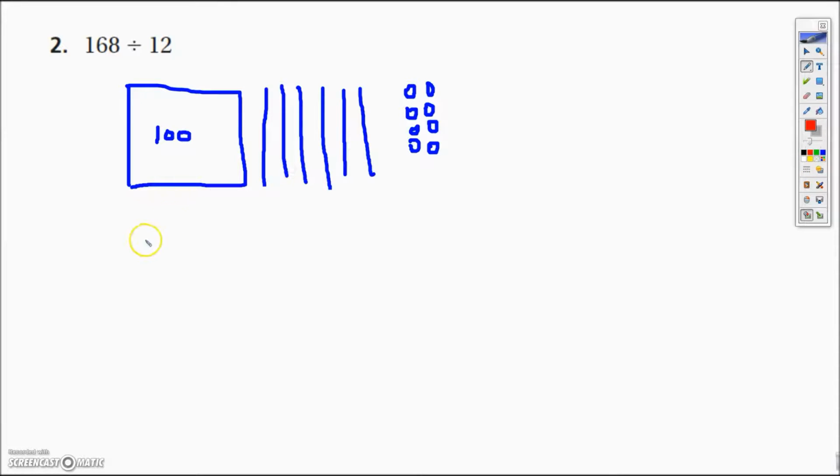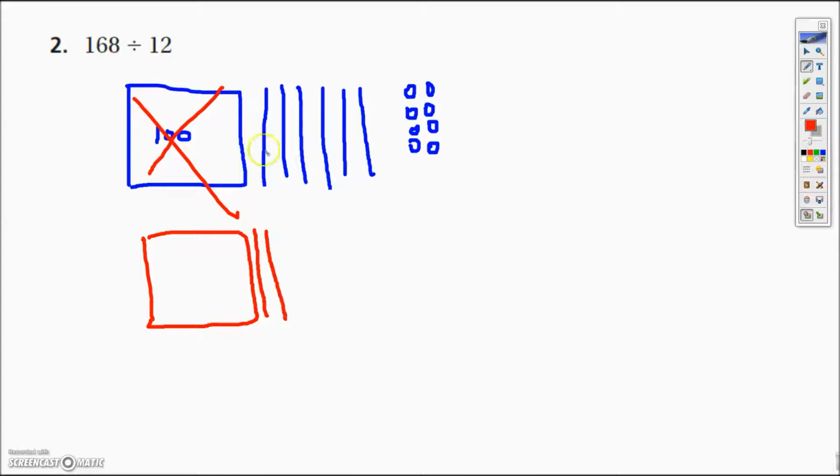So the way I start out is I take my 10 by 10 here, and I cross that out because I just used it. I want to make rows of 12. So I'm going to take 2 of my sticks here, and now I have rows of 12. This is 10, 11, 12, and I have 10 rows of 12.